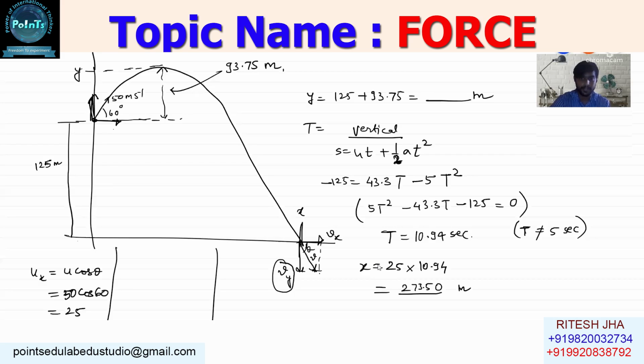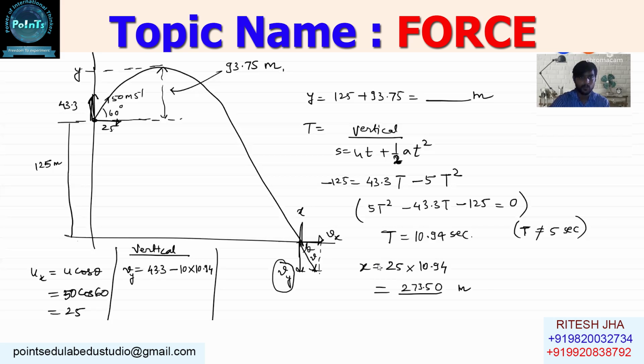The initial speed in the vertical is 43.3. So we can use v = u + at, or Vy is equal to uy plus at, that is 43.3 plus minus 10 times 10.94.